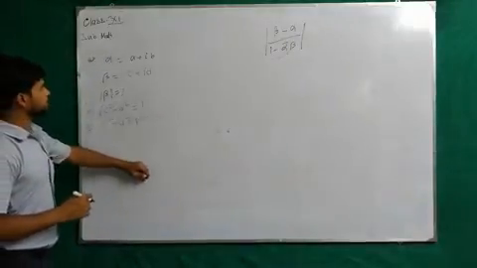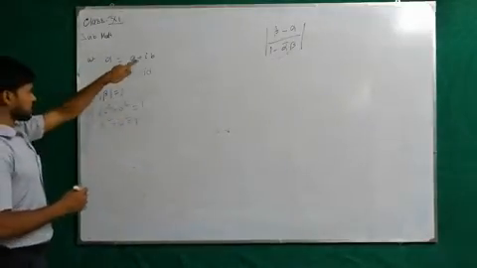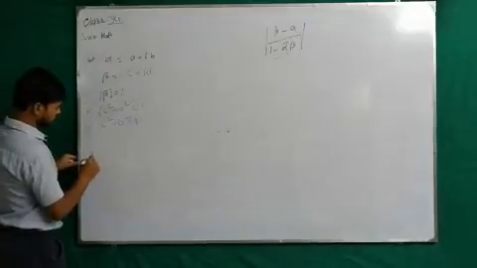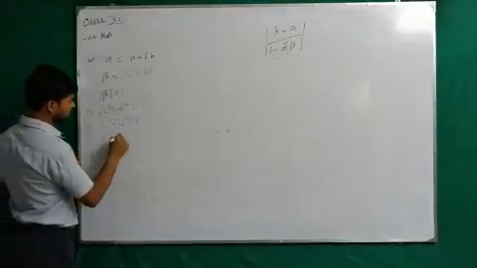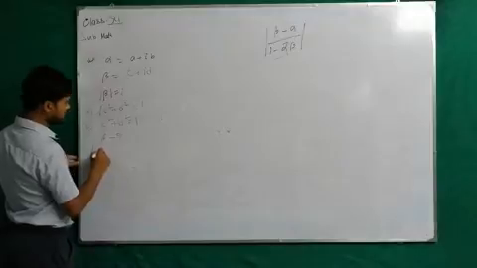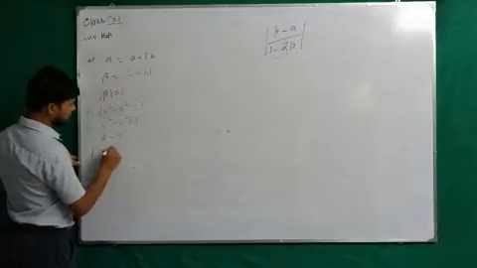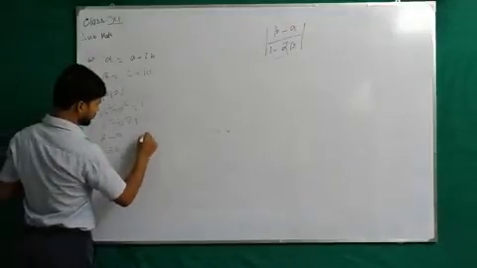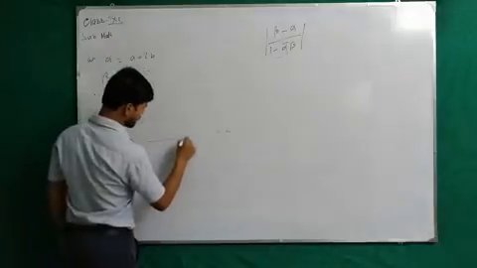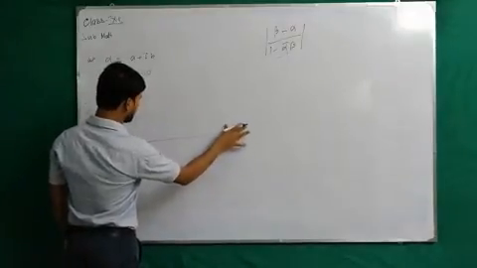Okay, now calculate this term, modulus of (beta minus alpha) by (1 minus alpha bar beta), which is equal to modulus of, okay, put the value of alpha and beta.